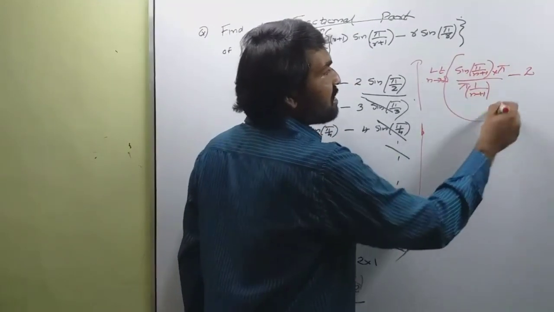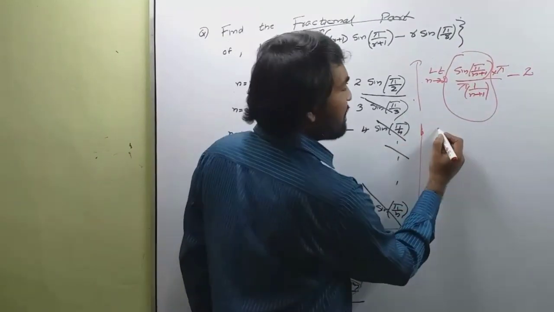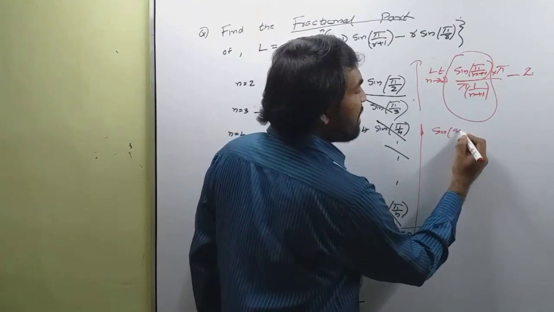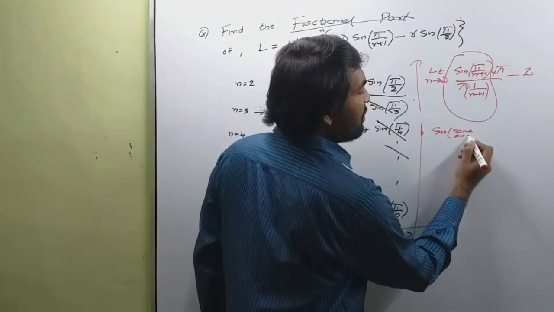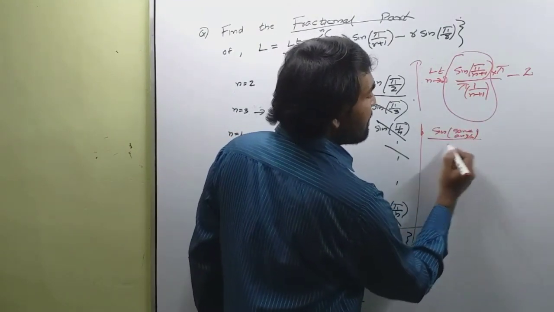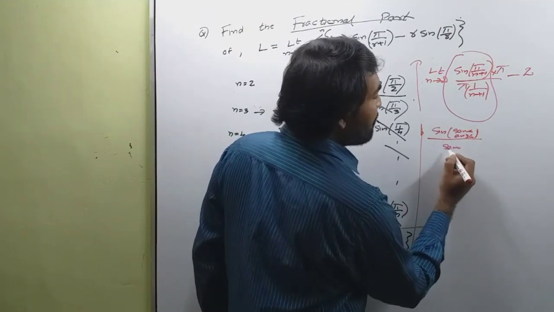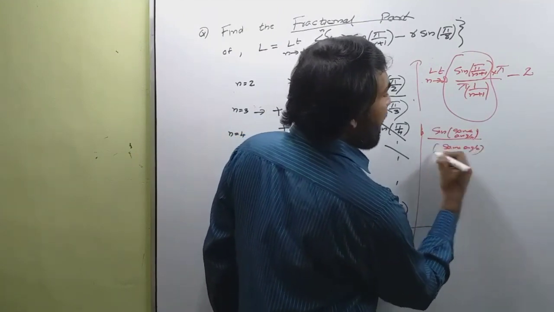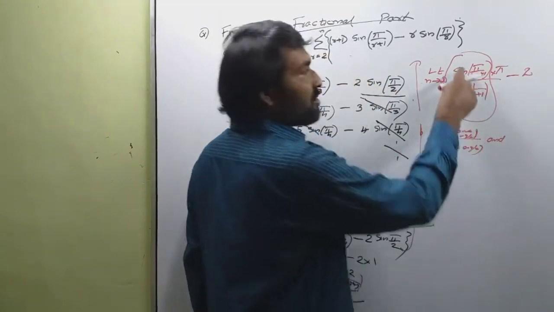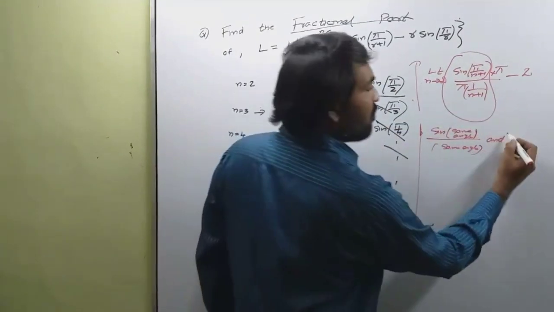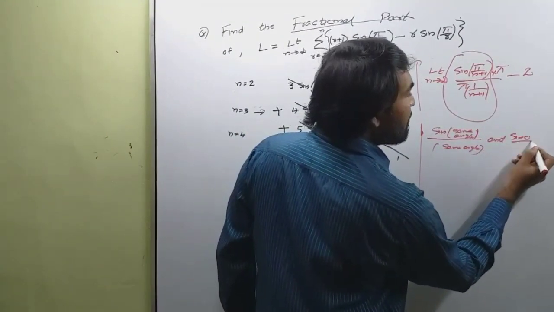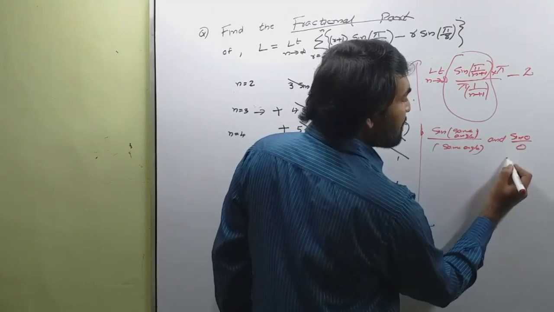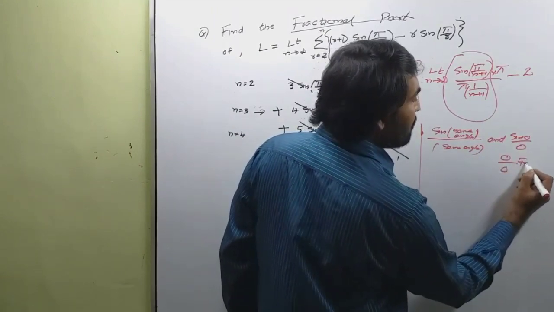So this expression is the standard form, that is sine of the same angle by the same angle, which is the sin 0 by 0 form, that means 0 by 0 form.